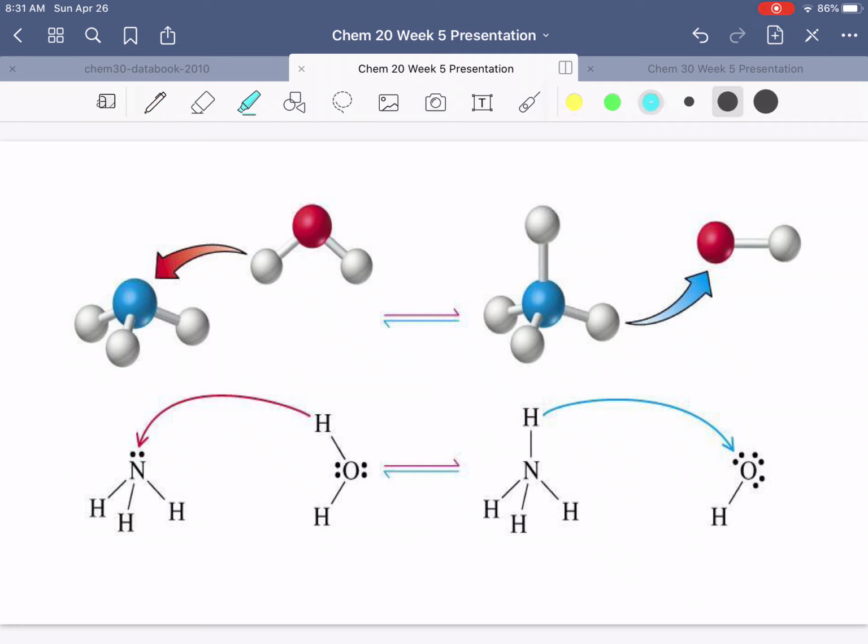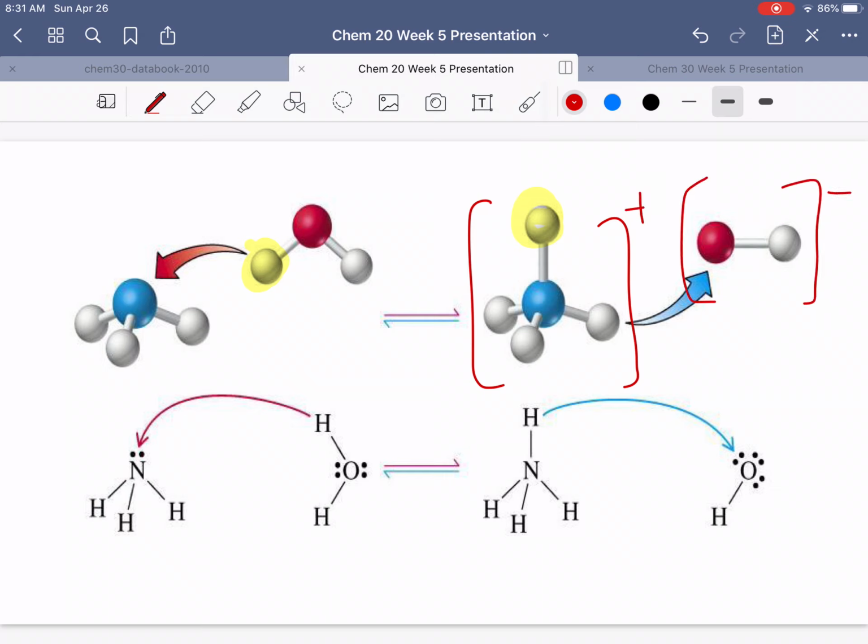And I just want to make sure that you're really, really clear on what's happening. One of our hydrogens moves. It is now over here when we have it as ammonia, which is going to be a positive charge. And here's our hydroxide left over, negative. The charges are important, guys, right? Ammonium is a cation. And here's your negative hydroxide.